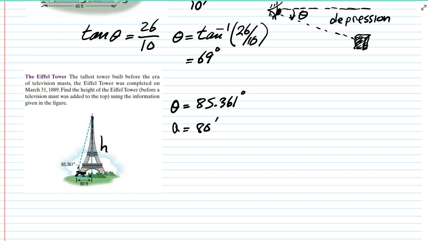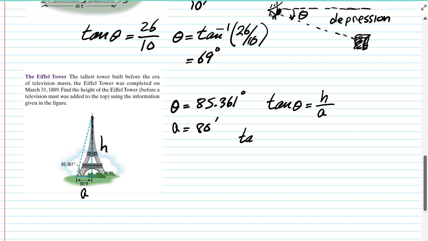You want to find h again, so it's very easy. I can use tangent again. Tangent of theta in this case is h, opposite, over adjacent.